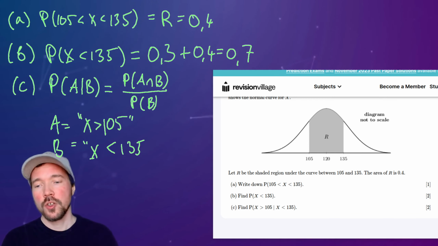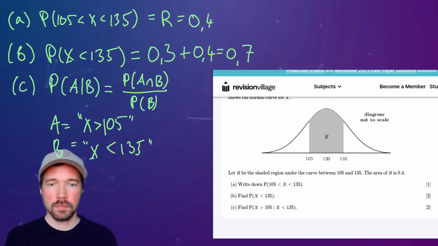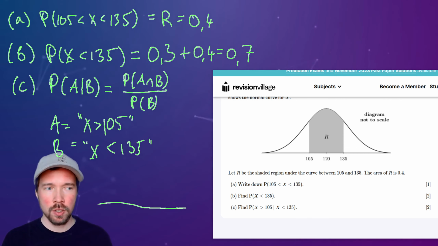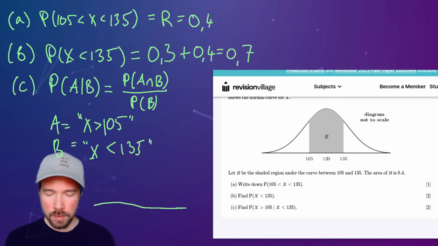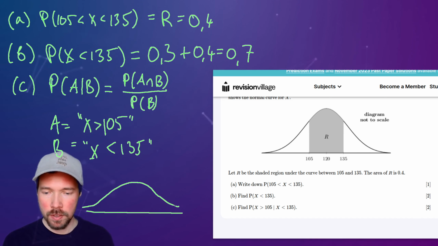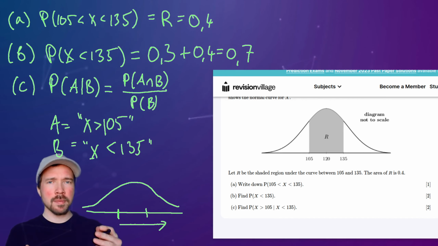Let me just draw again somewhere here. Let's make it a bit better. So we have this Gaussian, and A is everything to the, by the way, I noticed I made this mistake: left, right.